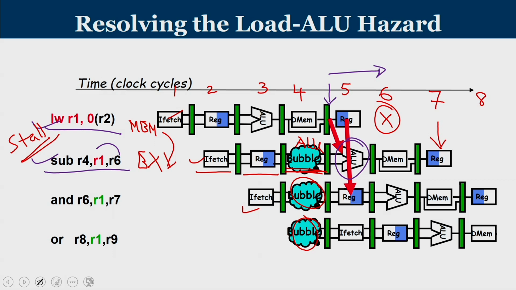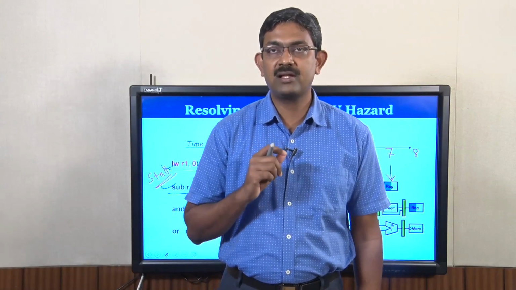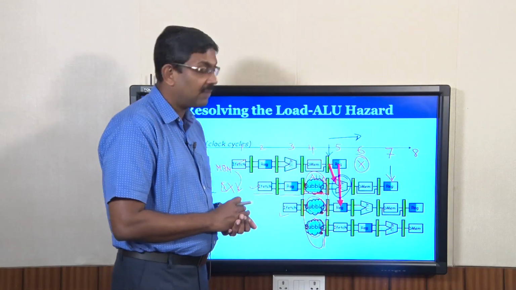That shift in completion of the instruction is happening because of the bubble that is being inserted here. So, the conclusion is an arithmetic instruction just after a load instruction will incur a stall between them in order to make sure that an incorrect execution is not happening.